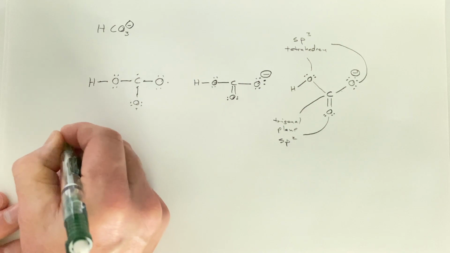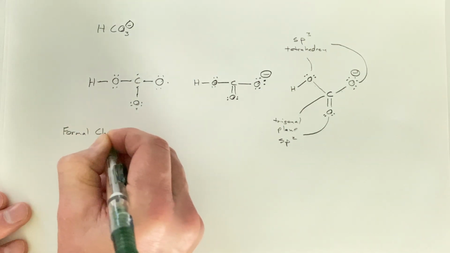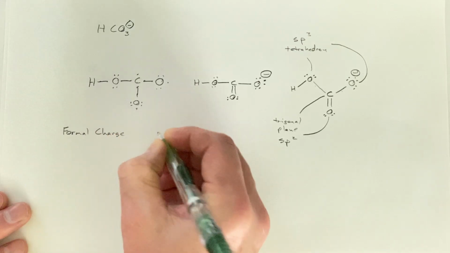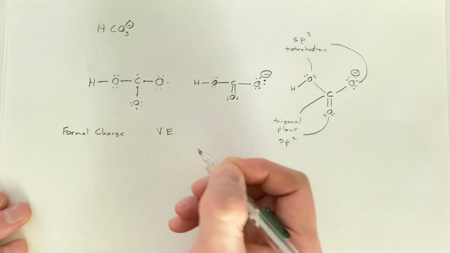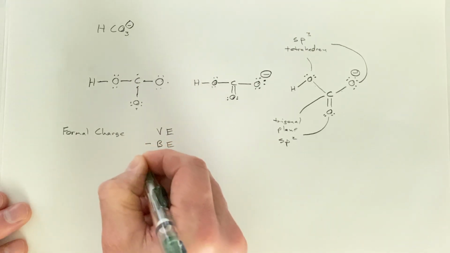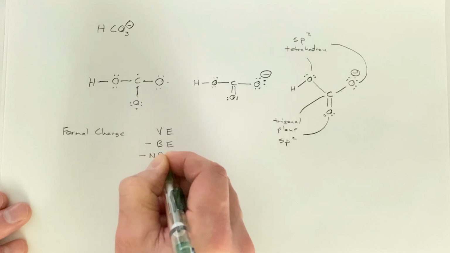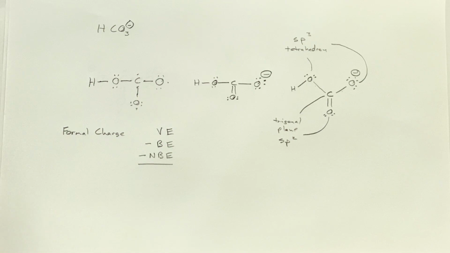Our formula for formal charge is the valence electrons, so I will put VE for valence electrons, minus the bonding electrons, minus the non-bonding electrons. Let's see what we mean.